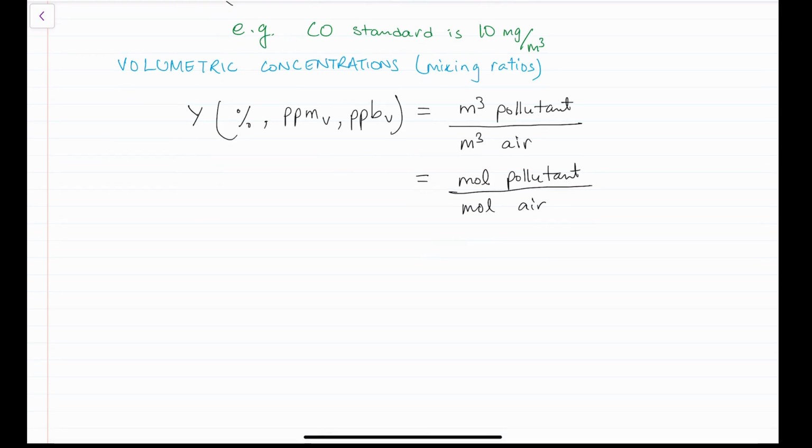Now again, taking the example of carbon monoxide, the CO standard in volumetric concentrations is 9 ppm.